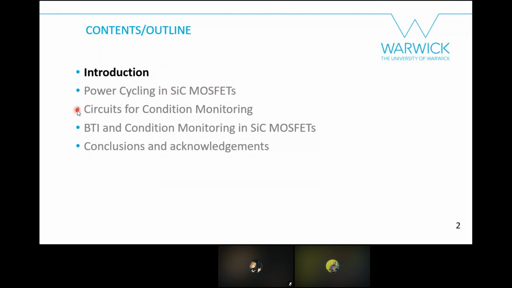Then we evaluate some of the most common circuits for condition monitoring, and we conclude the technical part of the presentation evaluating the impact of VTI on condition monitoring for Silicon Carbide MOSFETs, and then we just conclude the presentation.